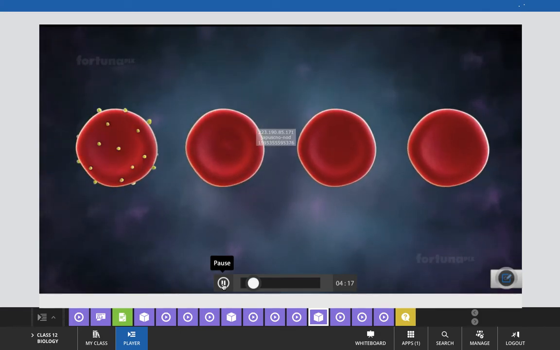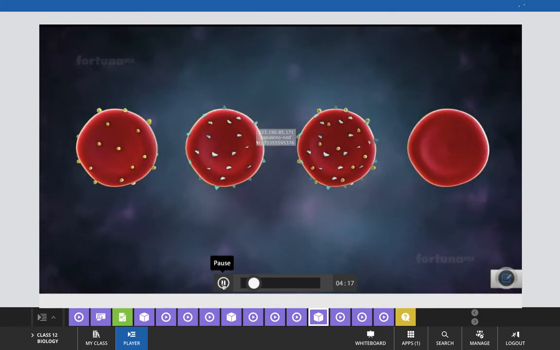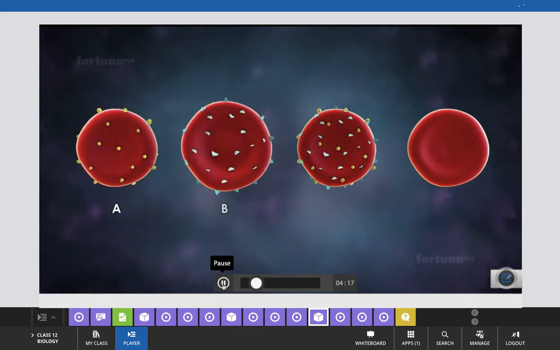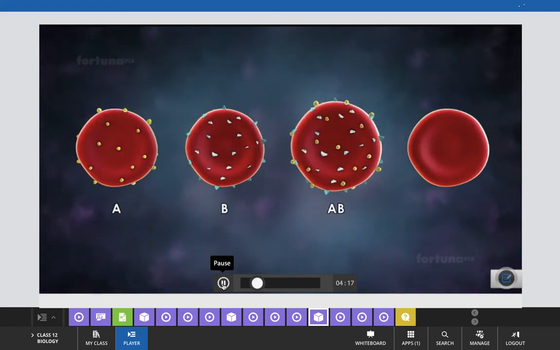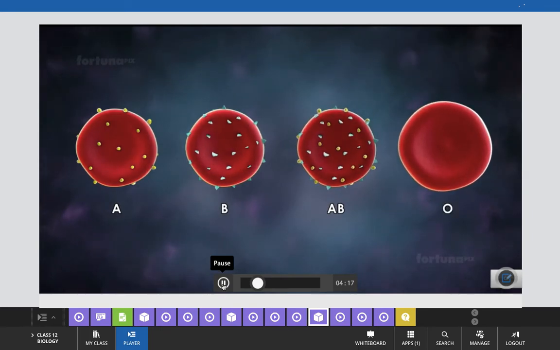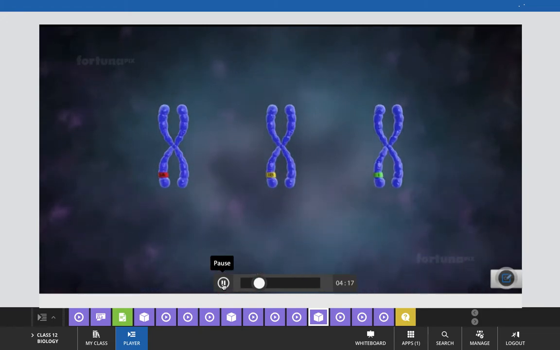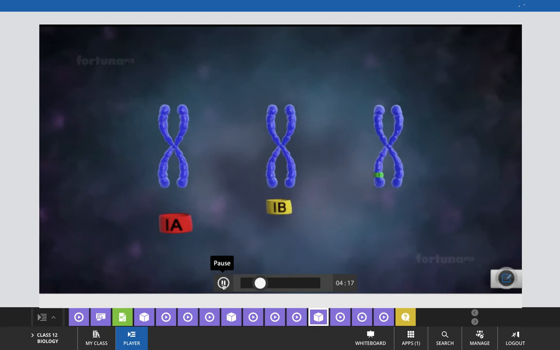Based on the reactions of antigens and two antibodies, human blood groups are most commonly divided into four types: A, B, AB, and O. These four groups can be expressed through the use of three different alleles: IA, IB, and i.